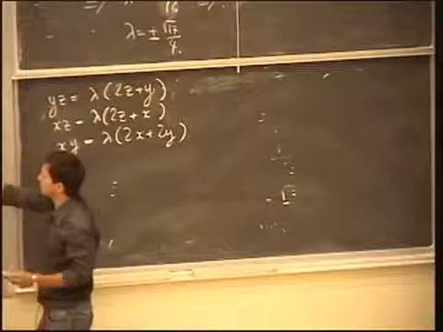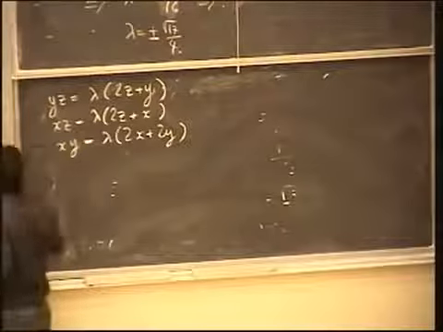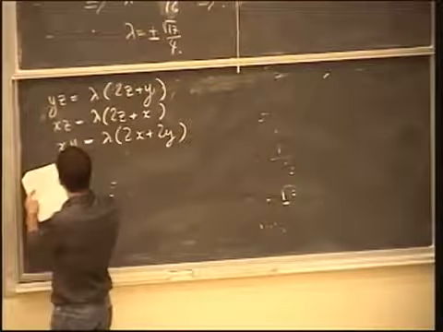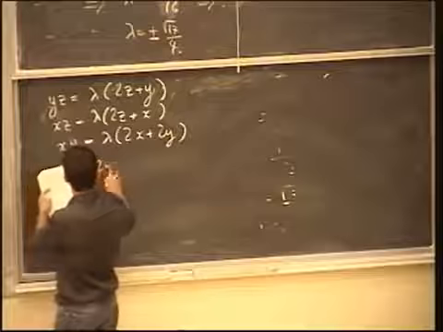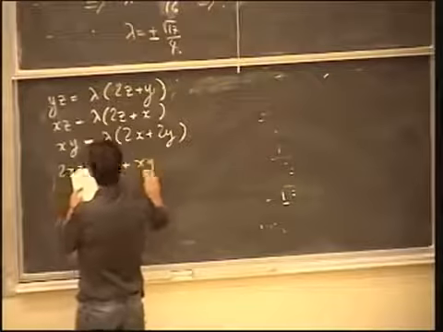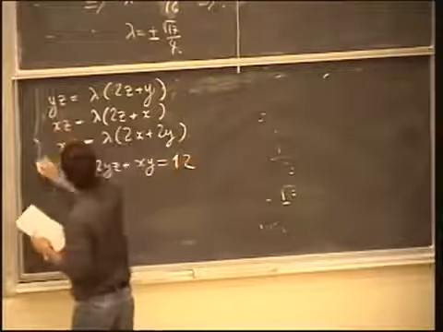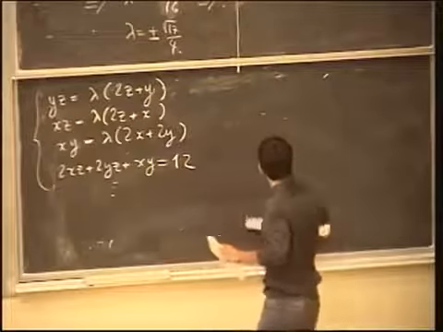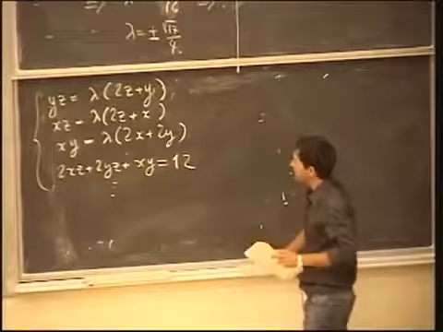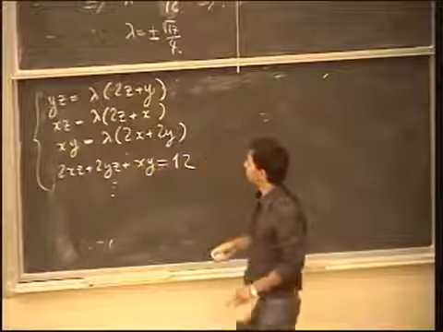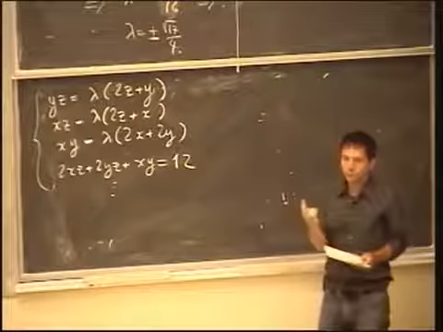And finally, let's not forget the constraint: 2xz plus 2yz plus xy equals 12. So we got a system of four equations with the variables x, y, z, and lambda. So I have four equations, four variables.